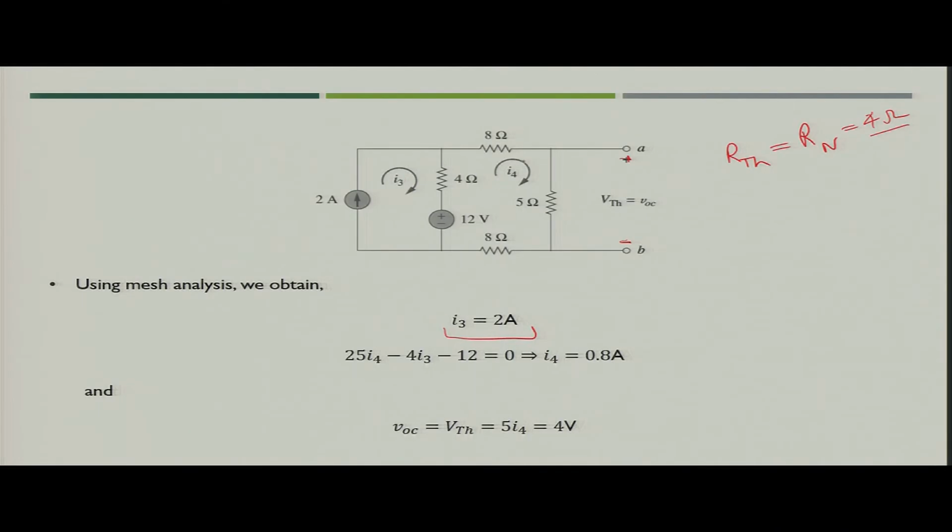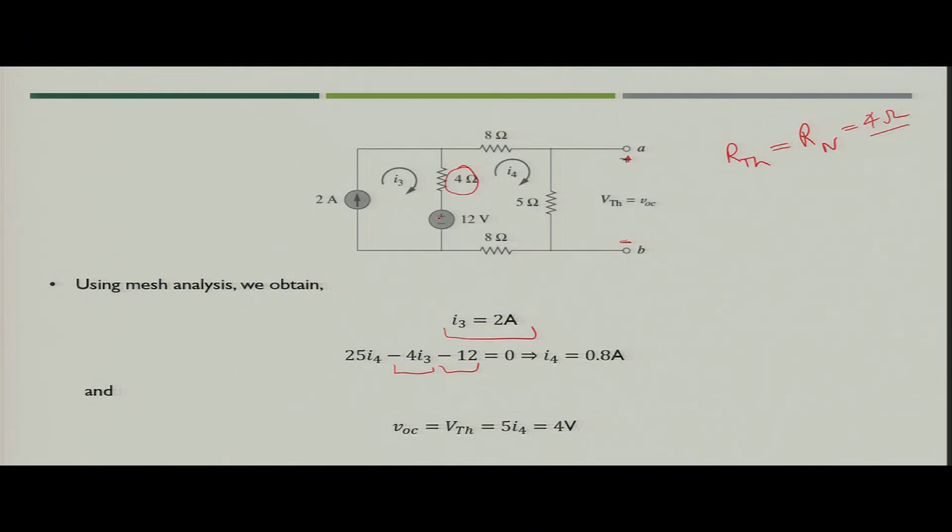Now, again to find the value of I4, you will start with minus 12, that is, you are starting from minus to plus when the direction of current is seen from this side. Then you have the 4 ohm resistance. In this resistance, you have I3 in this direction and I4 in this direction.